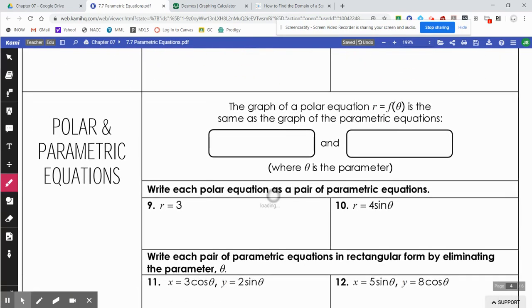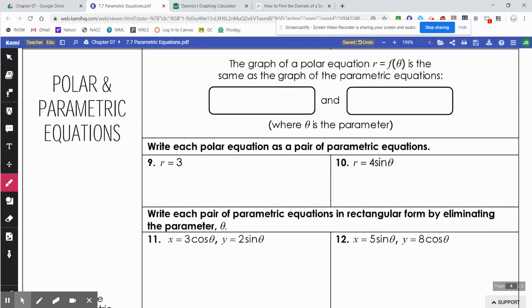Okay, next up, polar and parametric equations. The graph of a polar equation, which again, remember, polar has r's and thetas instead of x's and y's, r equals f of theta, is the same as the graph of the parametric equations x equals f of theta cosine theta, where remember that f of theta is r.